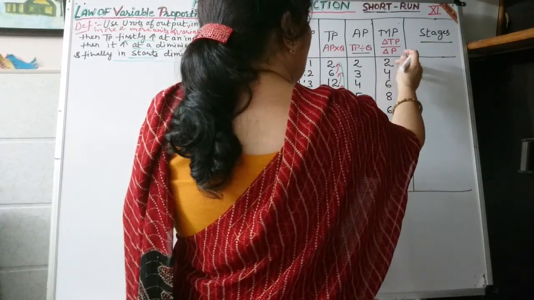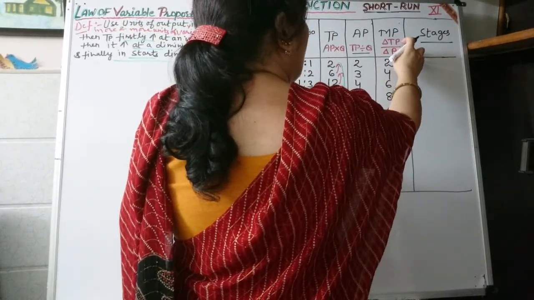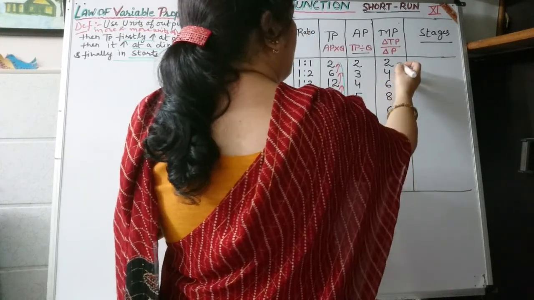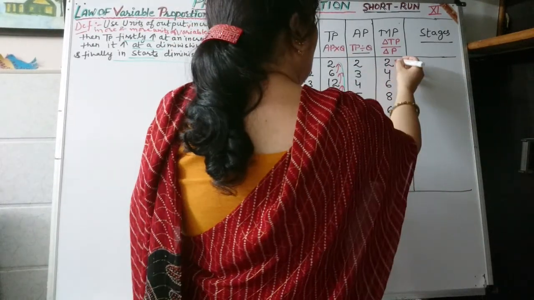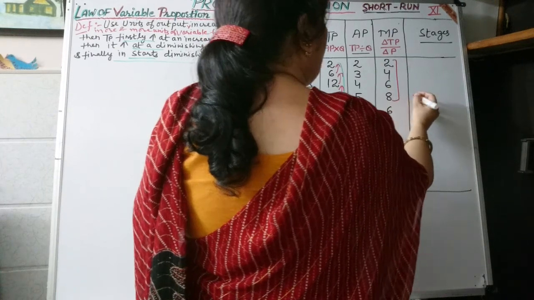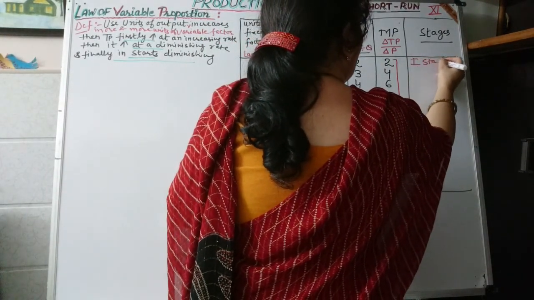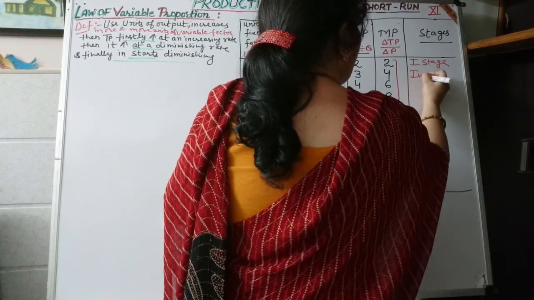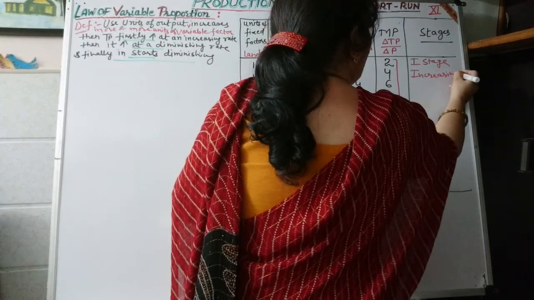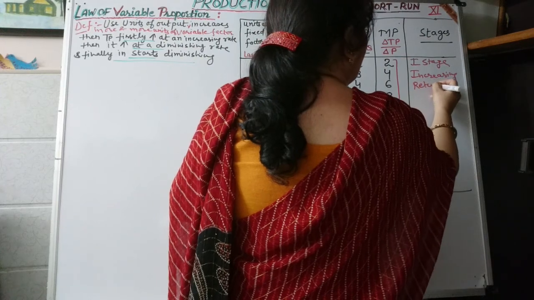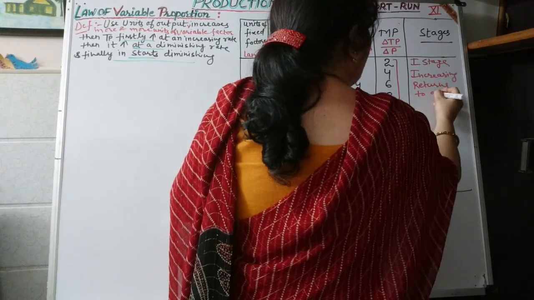So marginal production denotes the change in total production. So 2, 4, 6, 8, up to 4 units. This is the first stage of production, which is known as increasing returns to a factor.